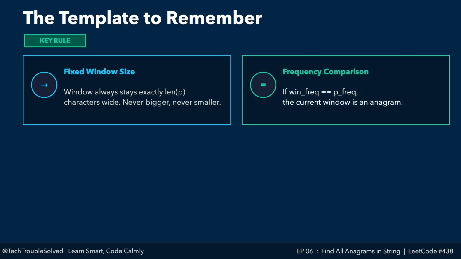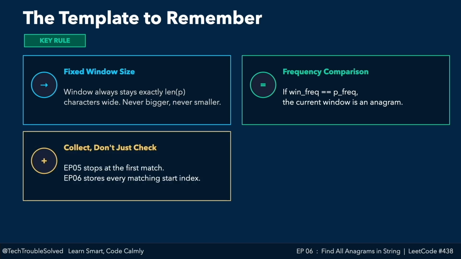If win frequency equals P frequency, the current window is an anagram. One comparison per slide. 3. Collect every match. Don't just check for one. Episode 5 returns true at the first match. Episode 6 records the index and keeps going. That's the whole difference.